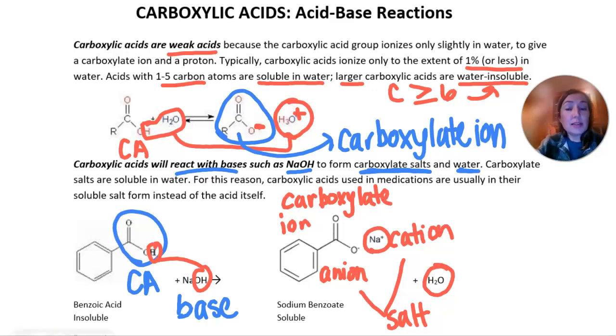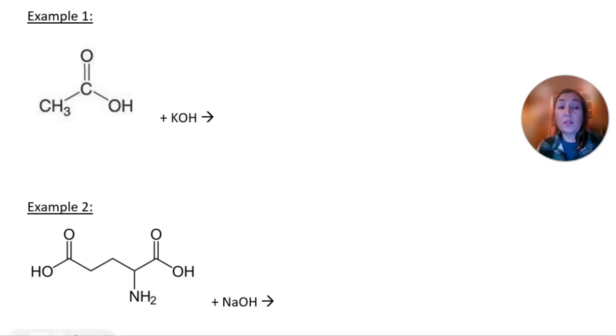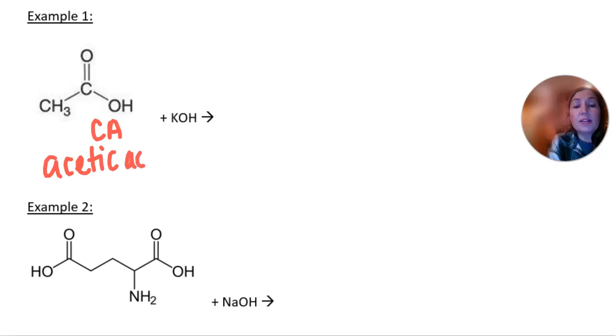So let's look at some examples. In this first example, we have CH3 bonded to a C, double bonded to an O, bonded to OH. We want to recognize this particular carboxylic acid as acetic acid. So we've got acetic acid reacting with KOH. The H of the carboxylic acid is going to get together with the OH of our base. Potassium hydroxide is a strong base.